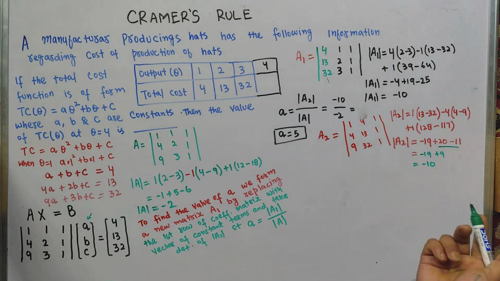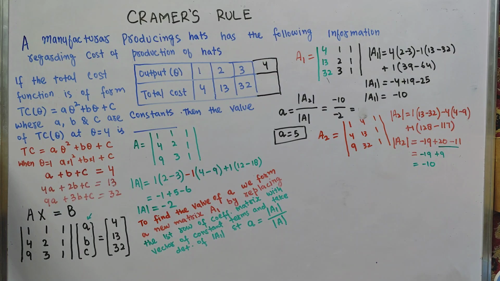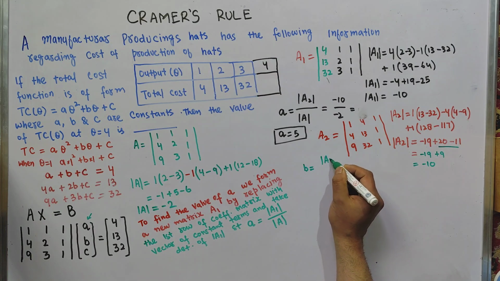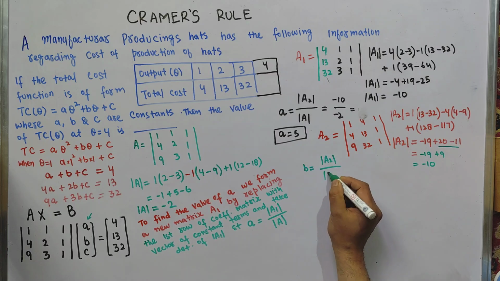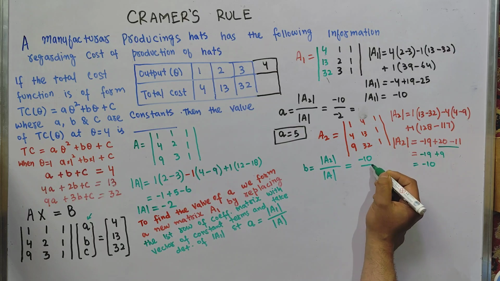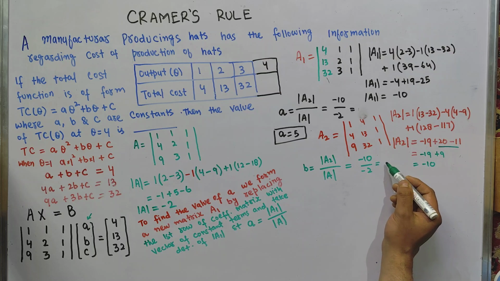I was just getting confused about these numbers. Then the value of b will be equal to the determinant of a2 upon the determinant of the coefficient matrix. So a2 is minus 10 upon minus 2, which comes out to be minus 5.